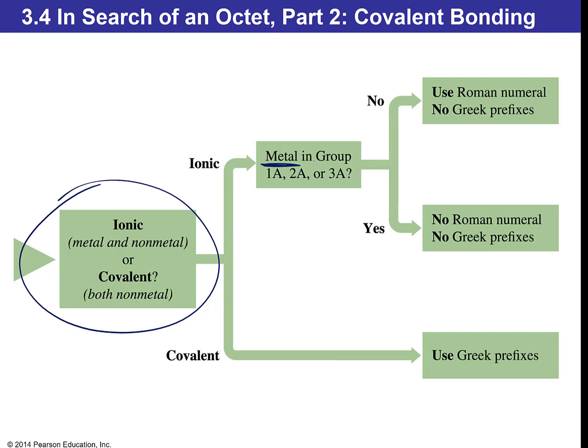If the first element is a metal, then you know it is ionic. So if you see a formula like NaCl, you just look at the Na on the periodic table. It's on the left side of the zigzag line, so it's ionic. Doesn't matter what it is, just look at the first element and compare it to the periodic table. If it's on the left side of the zigzag line, then you know it's a metal.